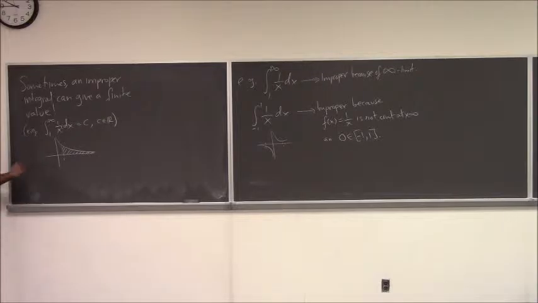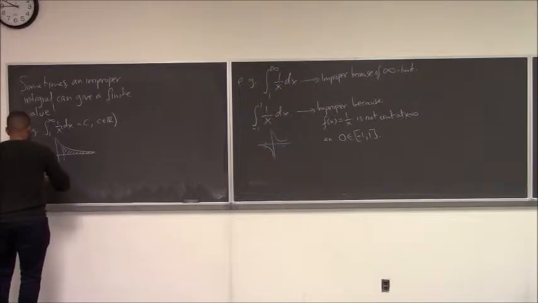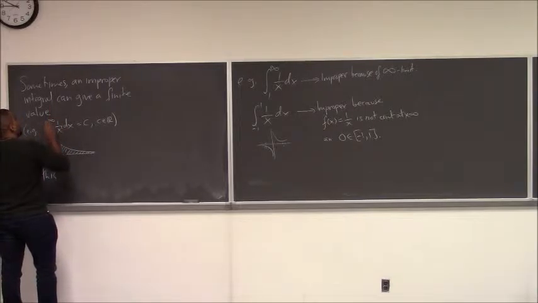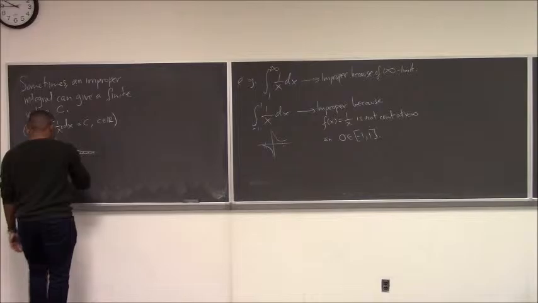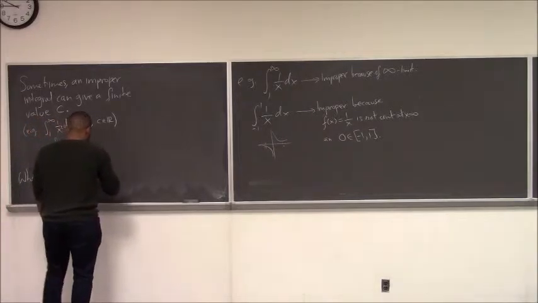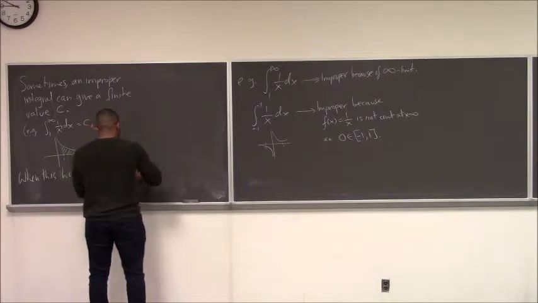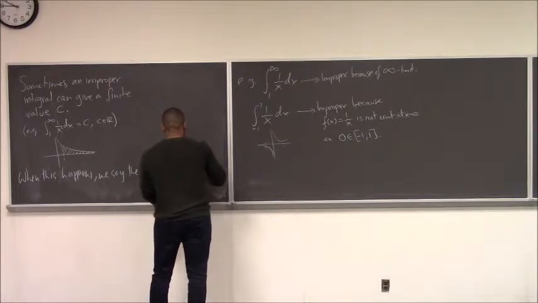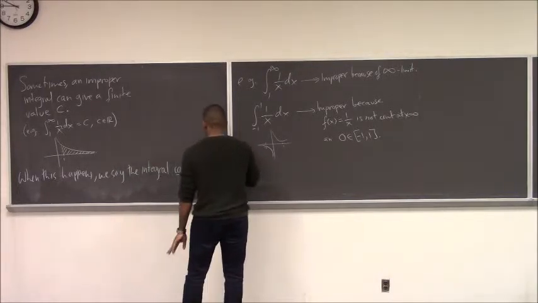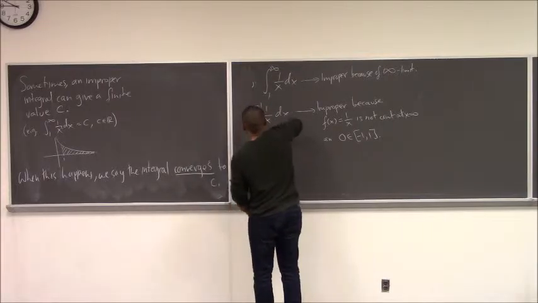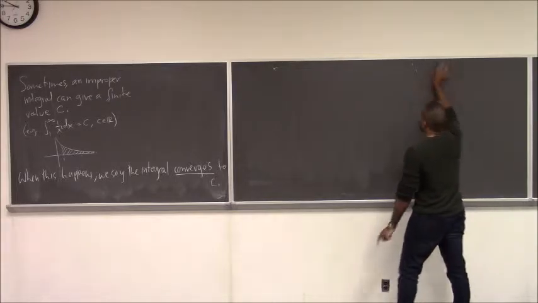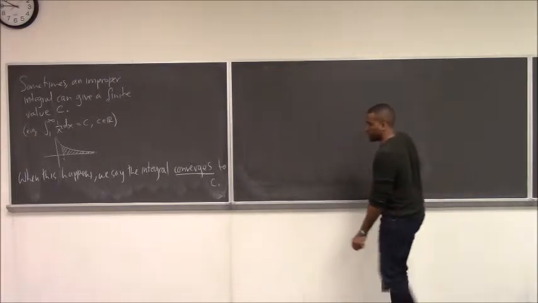Okay? So strange things like that can happen, and when this happens, let's call it C. When this happens, we say the integral converges to C. So we say this is an improper integral, but it converges to a certain value.